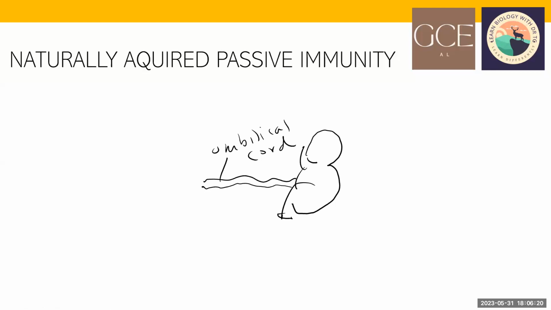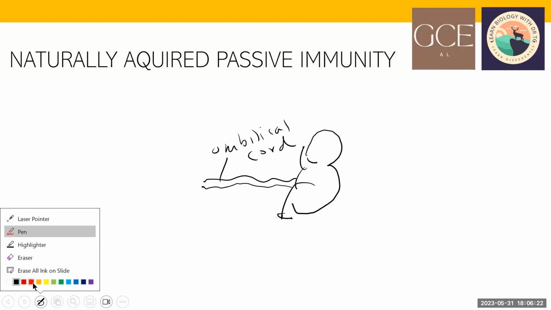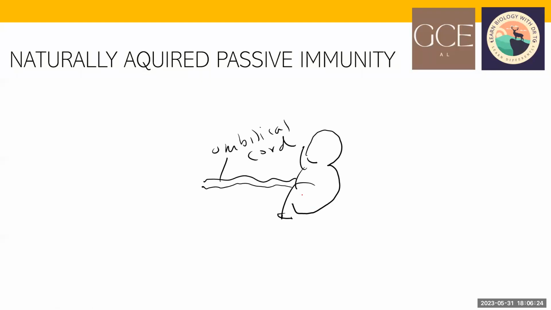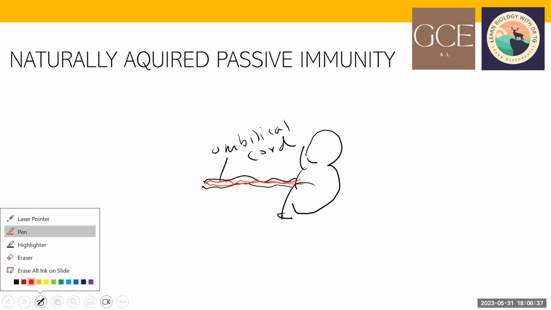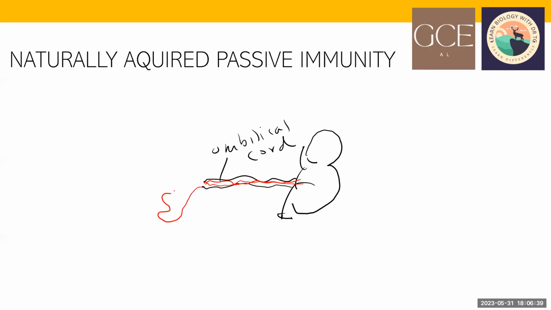And this umbilical cord consists of blood vessels, artery and vein. Umbilical artery and umbilical vein. So this is the connection to the baby's side from the mother. And this structure further changes on the mother's side like this.